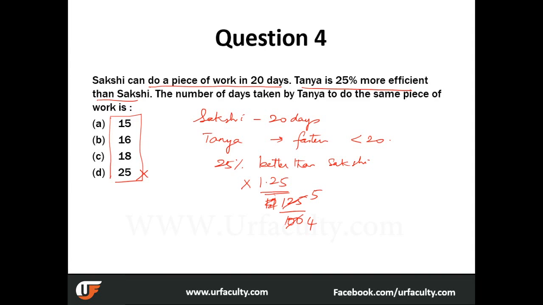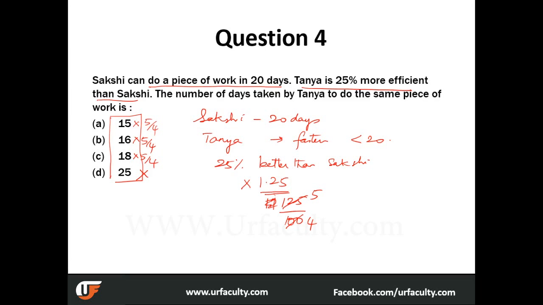So what we should be doing now is take each of these values and multiply it by 5 by 4. And if we get the answer as 20 on multiplying, that's the solution, which means Tanya can complete in those many number of days, and because she is 25% more efficient than Sakshi, it is 20, right?